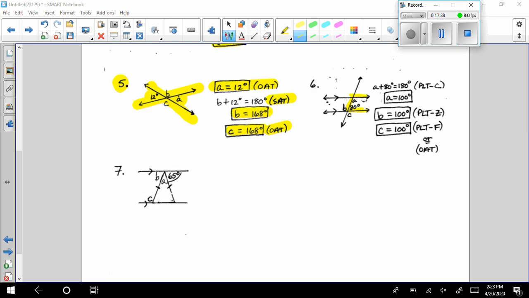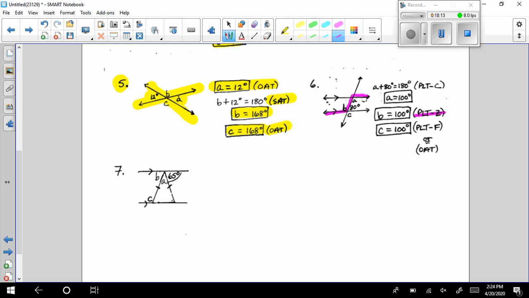Now angle B. For angle B, I used the alternate angles relationship. So I saw the Z shape here, which I'm depicting with the highlighter. And alternate angles are equal to each other. So we write B equals 100 degrees, PLTZ. Remember, A was 100 degrees, so B must also be 100 degrees.